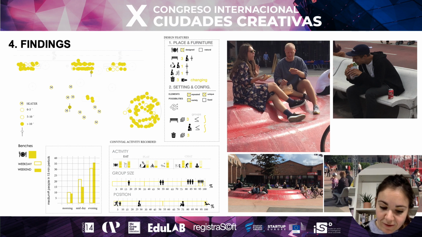So the main findings for this area were that the most predominant group size were couples. I also found that large groups of 4 or more were found primarily in the donuts, so in that red circle with 2 levels, which wasn't designed specifically for eating, but there were a lot of people eating and drinking there.